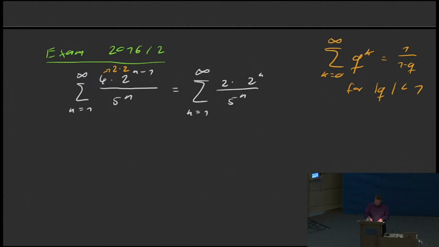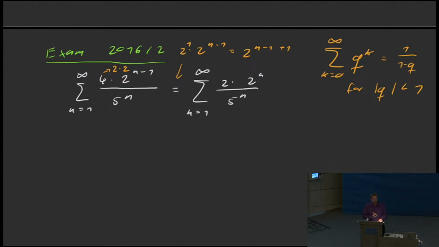Then this other 2, that's just in the way, so we'll take this out. Sorry? This one. So what I did here in this step is I said 2 times 2 to the power of n minus 1 is 2 to the power of n minus 1 plus 1, right? So this 2 is 2 to the power of 1.